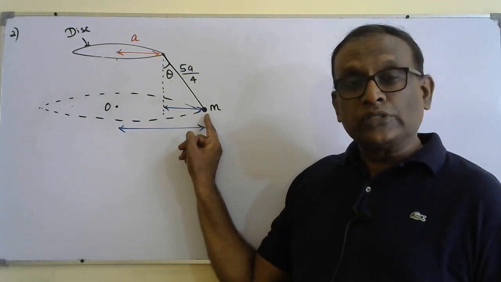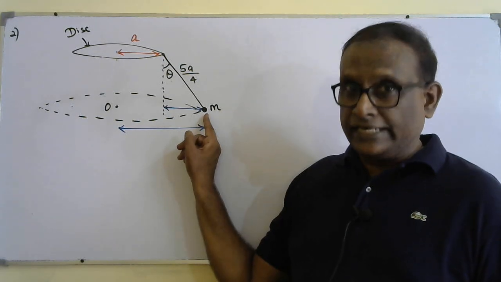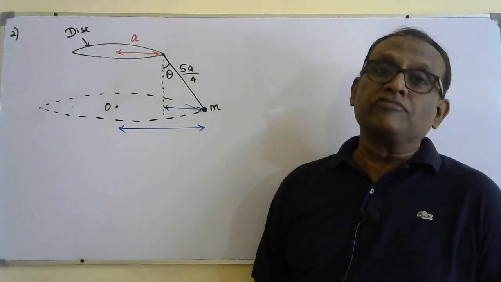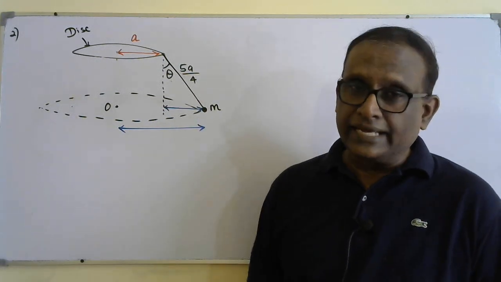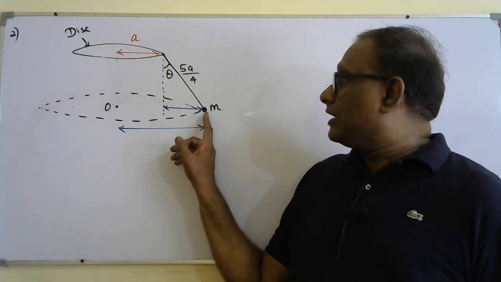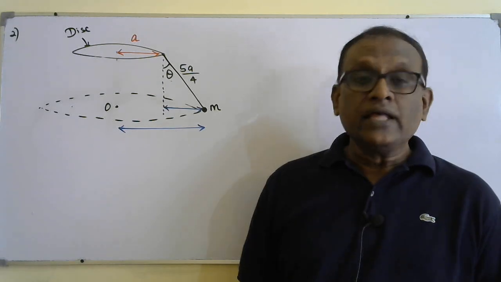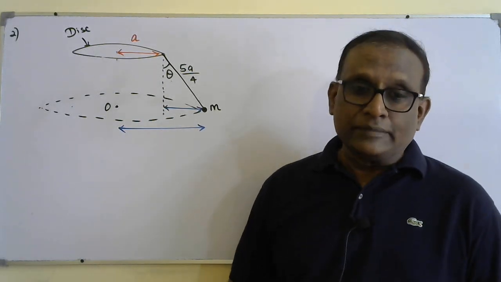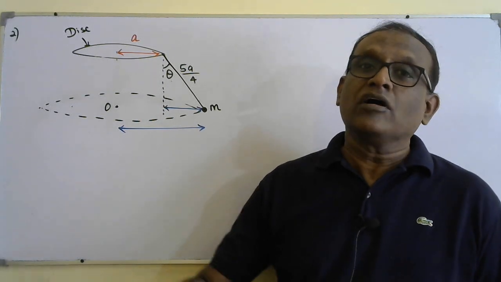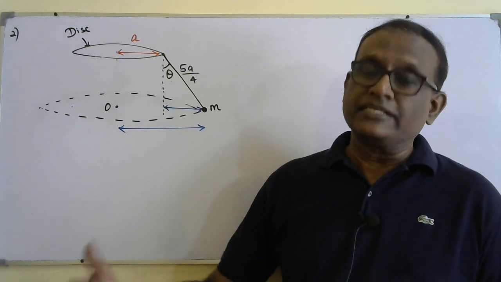So we should identify all the actual forces acting on it. You can draw a free body force diagram. Then from that diagram, you should be able to resolve all the forces towards O. That will be the centripetal force. Centripetal force is equal to m r omega squared or m v squared over r.